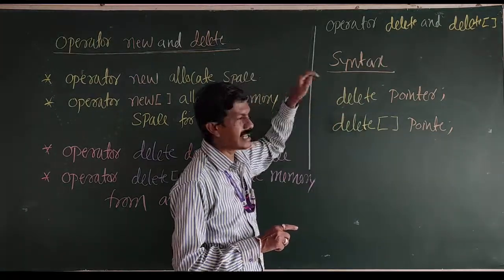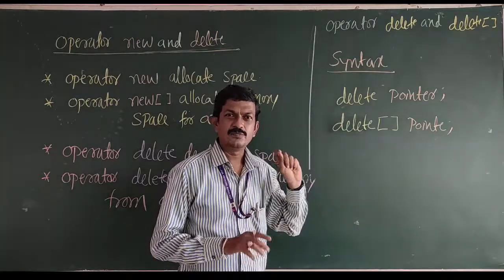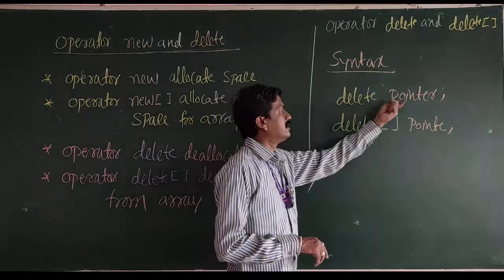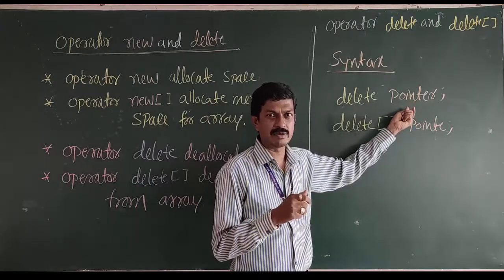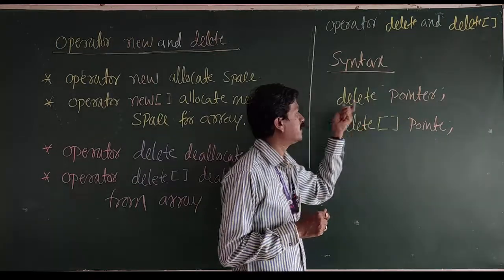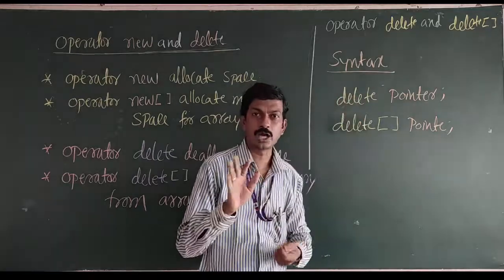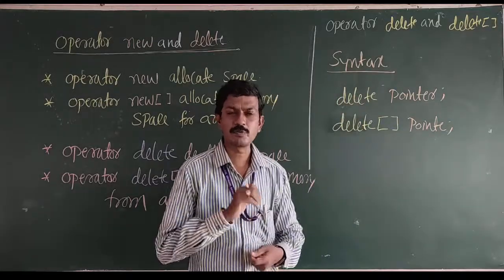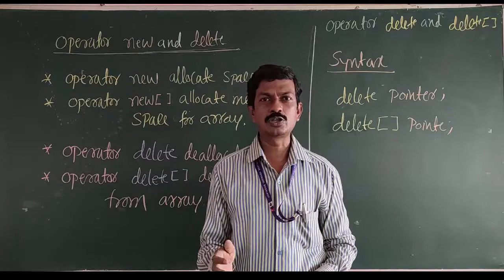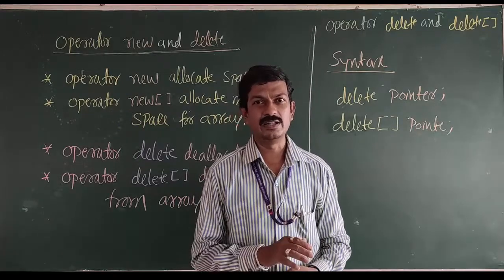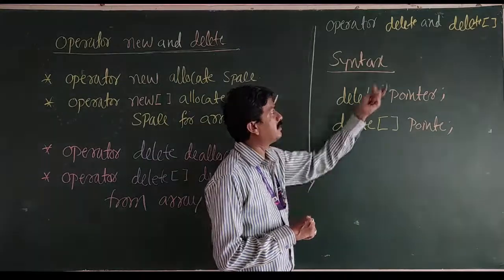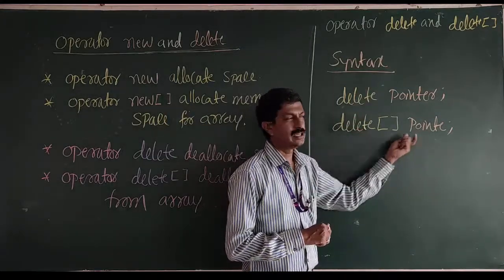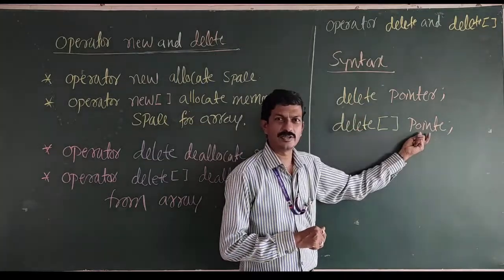The syntax for deleting the memory for a normal variable is delete pointer, mentioning the variable for which we allocated the extra memory. If we allocated the extra amount of memory for an array variable, that is deallocated with the help of delete with the square bracket, that is delete square bracket pointer.